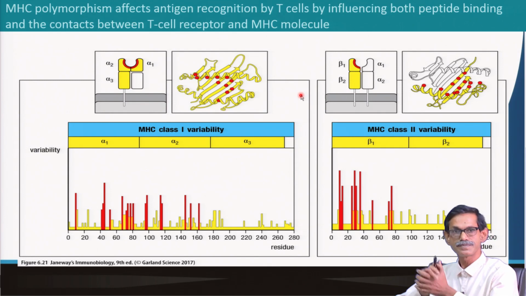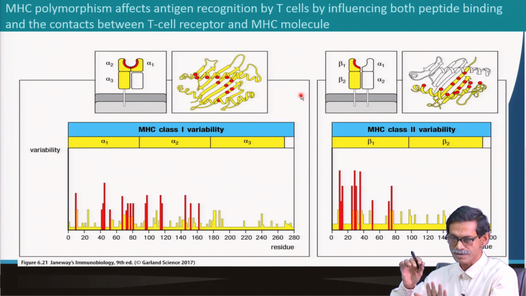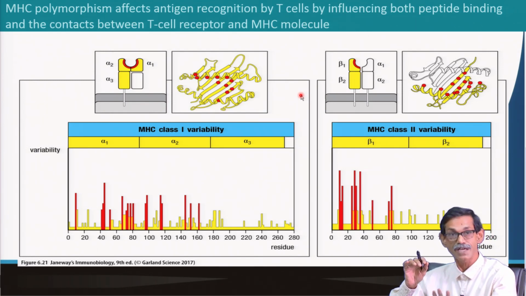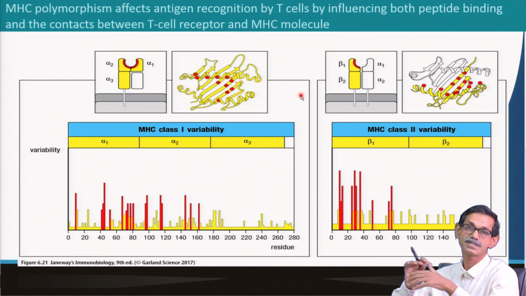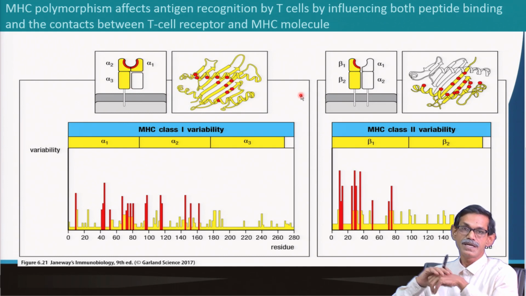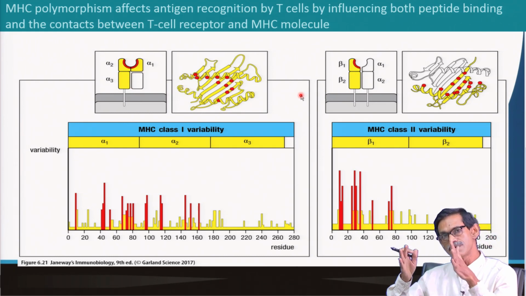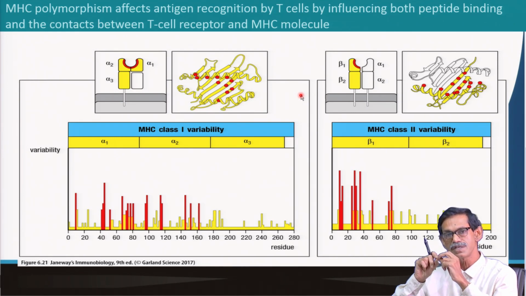Now I hope this kind of picture is familiar, because we have seen it in antibody structure also. When you analyze the sequence in more detail, we will see polymorphism again. Evolution is so precise, it did not waste time on unnecessary polymorphism.